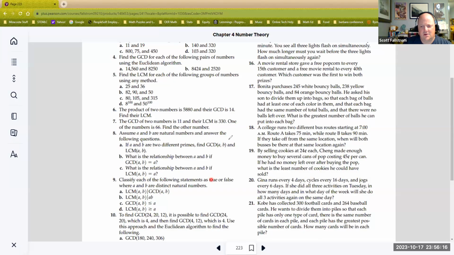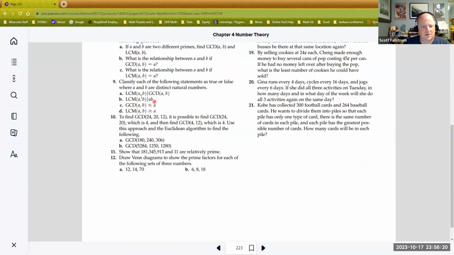Number 9. Let's see here, number 9. So yeah, least common multiple. Will that ever divide the GCD? So will a multiple ever divide a divisor? If you're just kind of thinking about it here, remember what is a multiple?